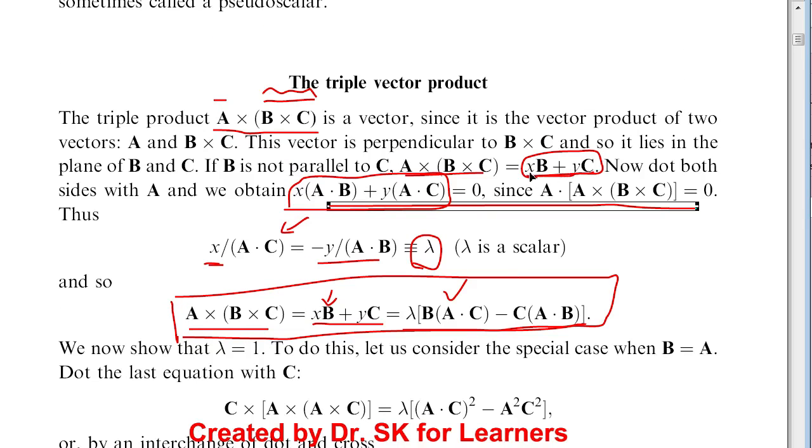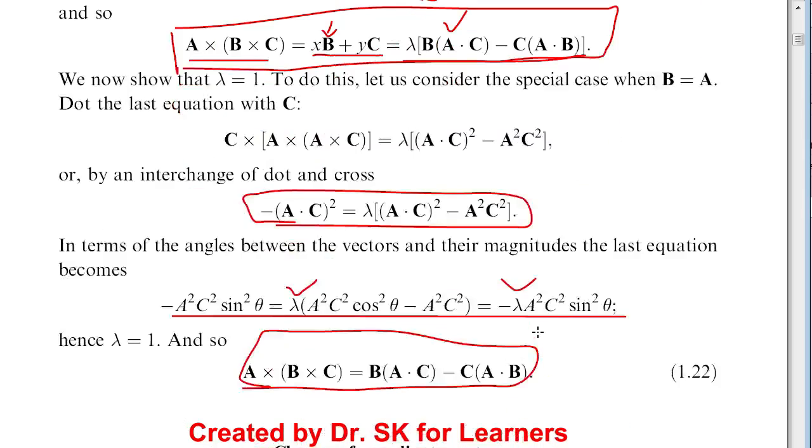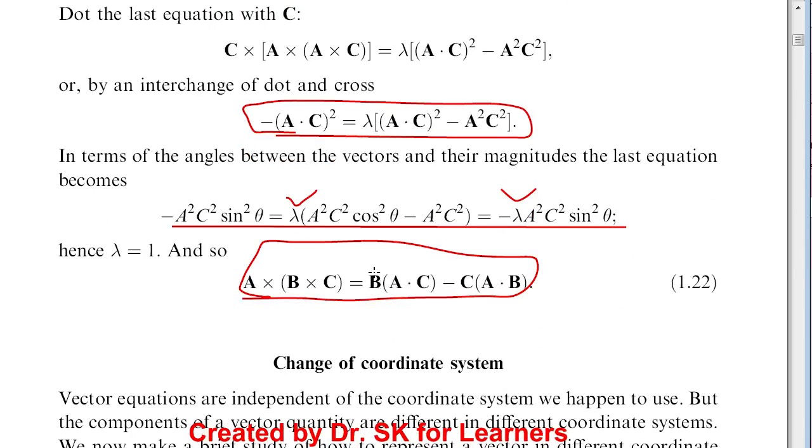So basically you will get a vector here which is x times B plus minus y times C. So basically A cross B lies in the same plane, and it can be represented as x times B plus y times C. So that is what we are getting in a vector triple product.